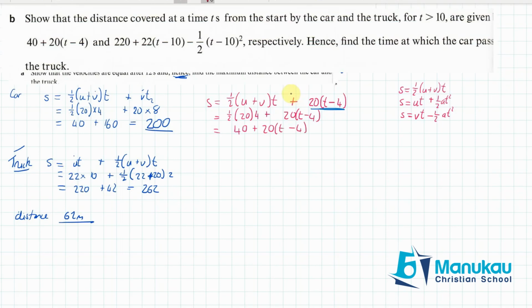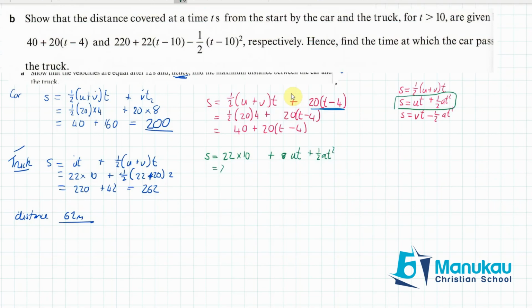Now let's move on to the truck. The truck starts off going at a constant speed of 22 meters per second, and it does that for 10 seconds. Now then it changes over, and what formula could we use here? We could use this one here. It's going to be ut, so that's its original speed, plus half a t squared.